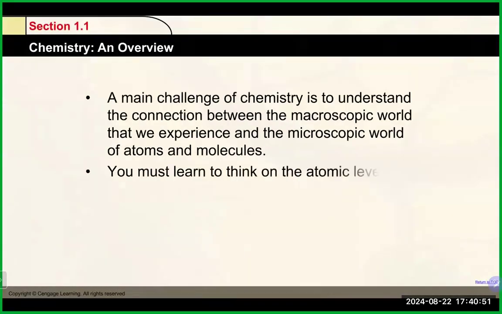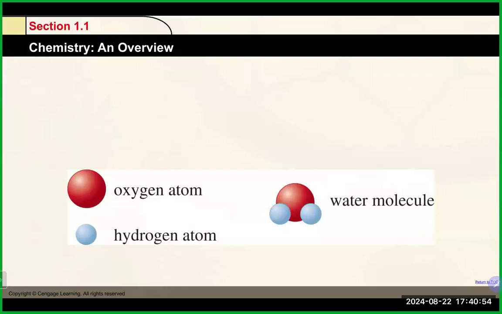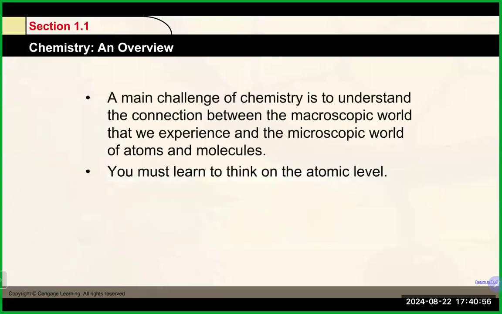So chemistry is really, for the most part, the study of matter and how it changes. As you may be familiar with, matter is pretty much anything that occupies space and has mass.